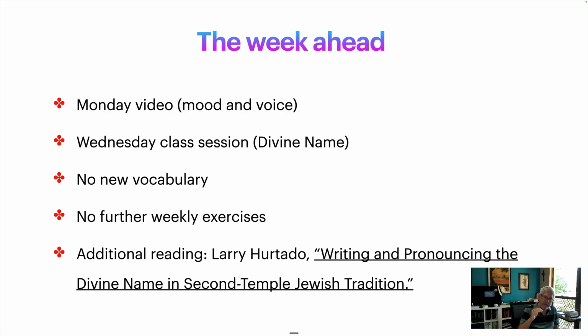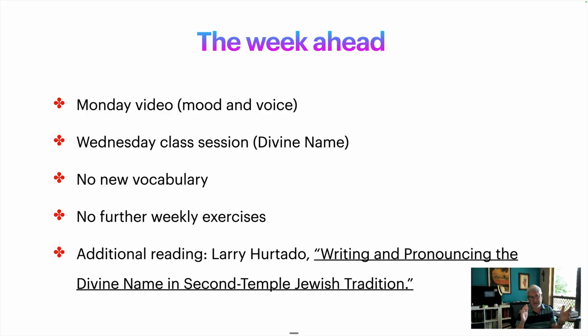In this case, it's a really interesting online article, a blog post basically, by Larry Hurtado, on writing and pronouncing the divine name in Second Temple Jewish tradition. Second Temple is a kind of adjective meaning the temple around the time of Jesus, so from the post-exilic period down to the destruction of the Jerusalem temple by the Romans in 70 CE.